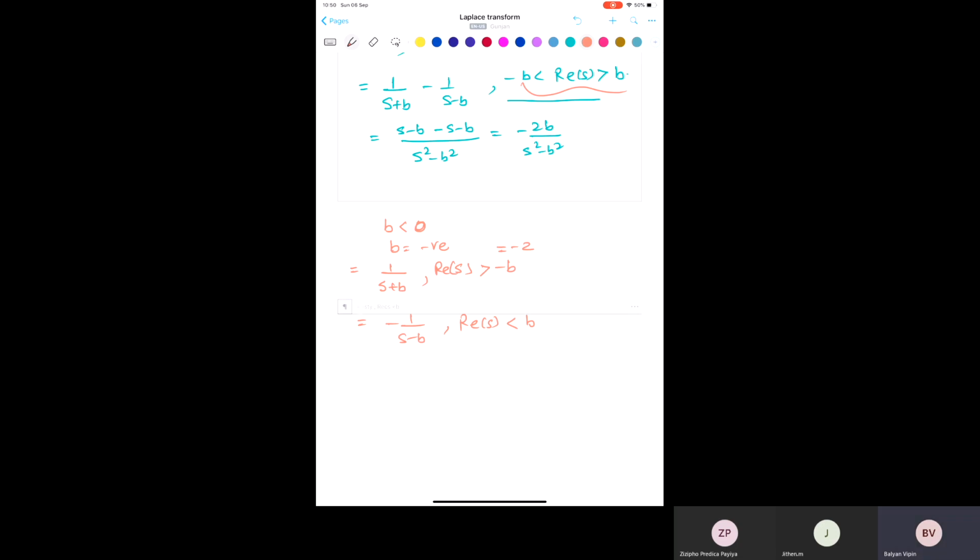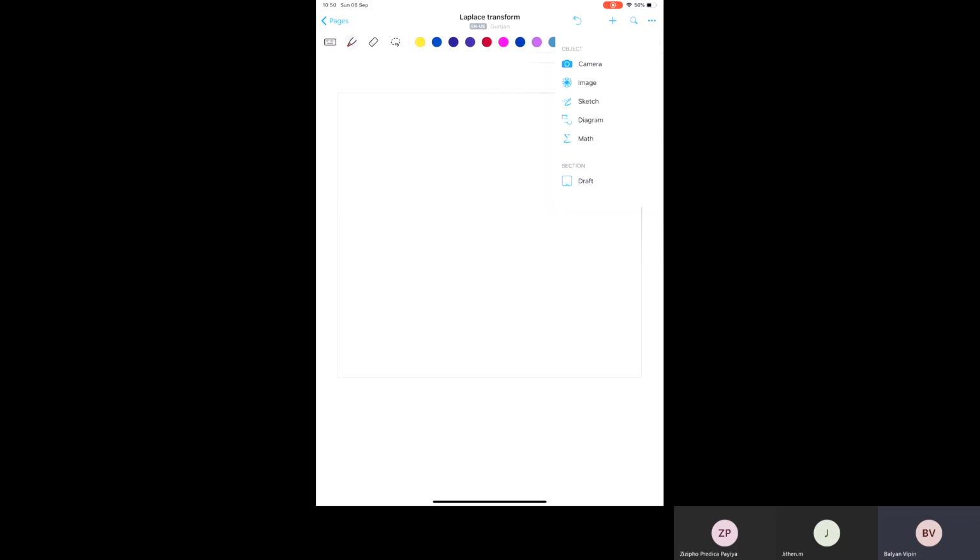Now, if b is negative, you can see minus b will become a positive, and b will be a negative number. So if I have to plot now, b is negative, and here the things will change in a very different way.